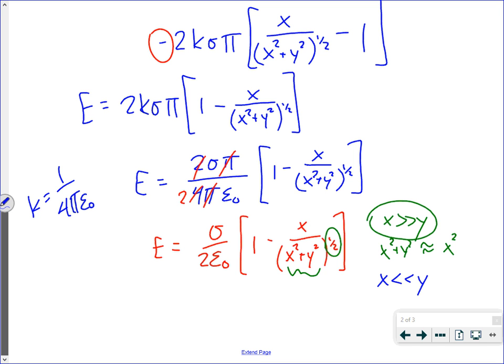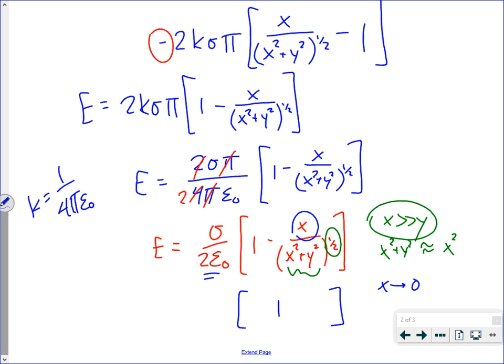Yeah, if x is really small, I guess we're saying as x approaches 0, it's kind of like saying y gets way bigger than x. Well, as x approaches 0, then that term approaches 0, and then the whole term in here just is 1, and what we get is this.